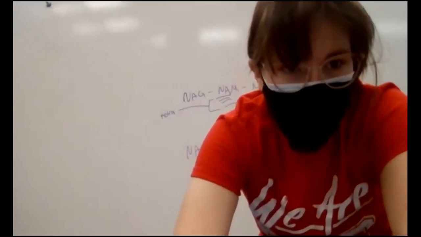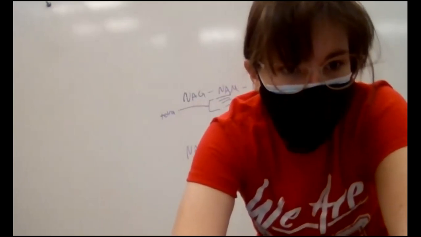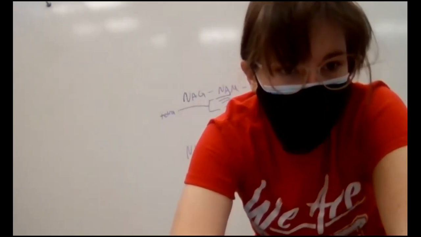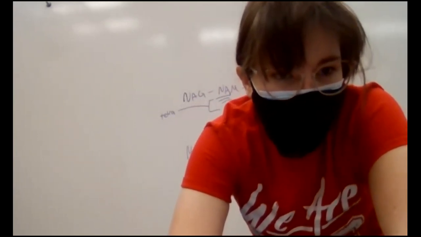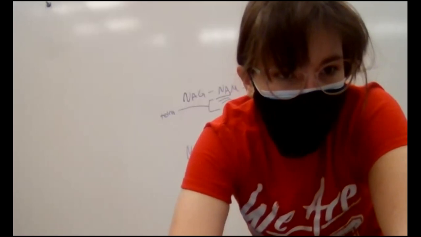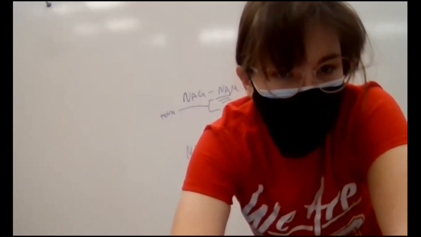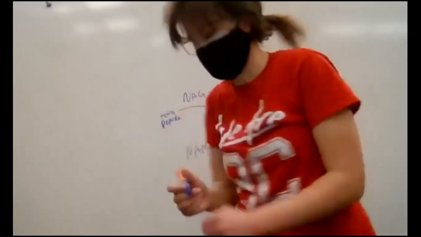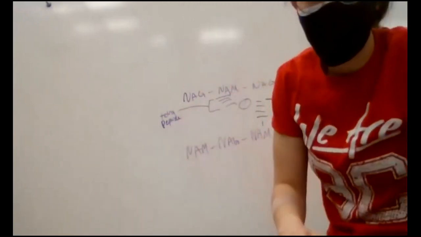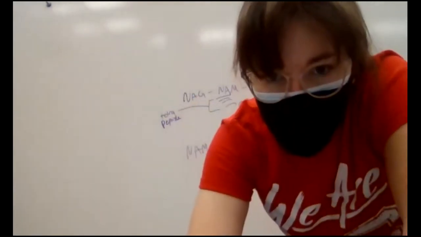I'll kind of show you what it is. Let's see. Here it is. Tetrapeptide, they're peptides. They're the building blocks of proteins, but so yes. Let me share my screen real quick.